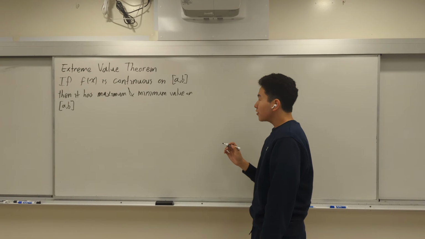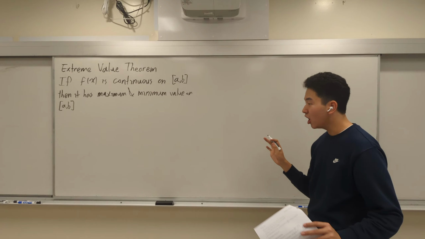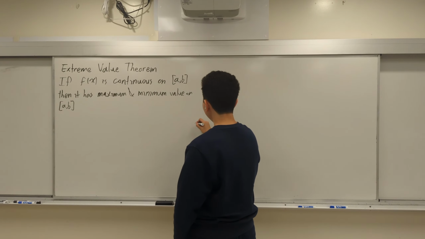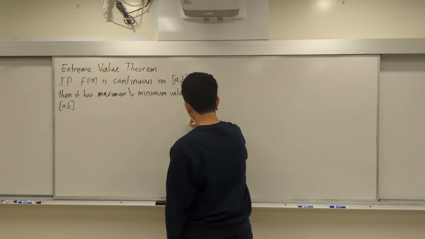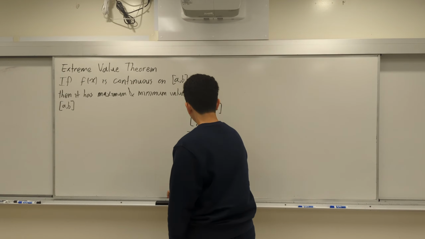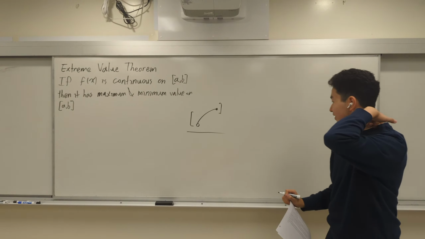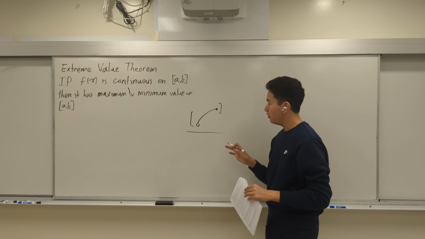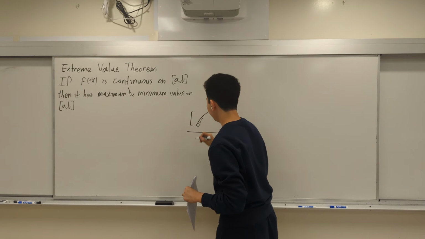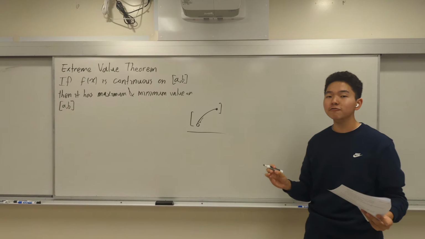What are some cases where a function might not have a maximum or minimum? If a function is defined like this, and we want to analyze this interval, then this is an open hole and it's not defined anywhere else. We can keep getting closer to it, right? But does a concrete minimum value exist?